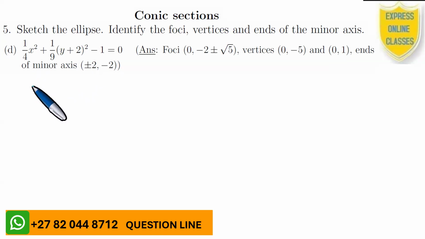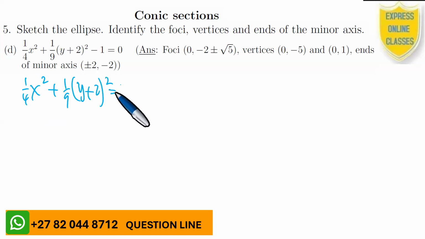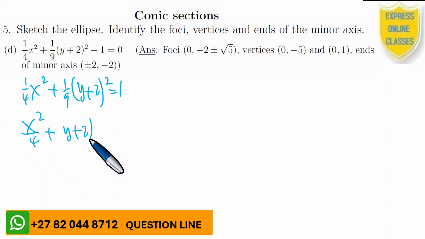First, you must get the center. What is the center of this? So if you have x squared over 4 plus (y plus 2) squared over 9 equals 1. Okay, normally we write it like that. I'm just going to get the foci for you, then you'll get the rest.